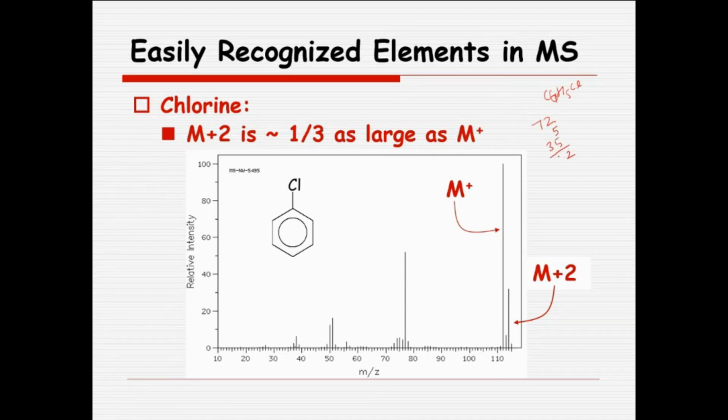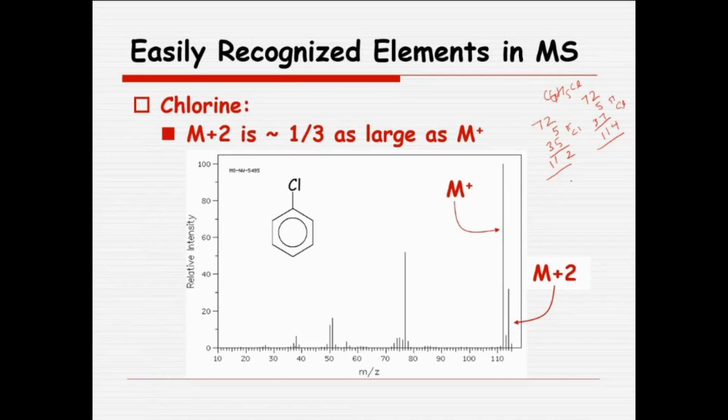So I'll have 112. So 112 corresponds to chlorine 35. Now I will also have a peak at 72 plus 5 plus 37, so this will be at 114. This is due to chlorine 37.